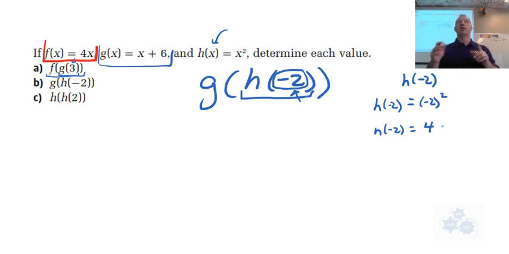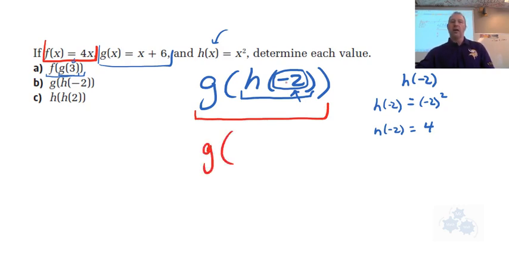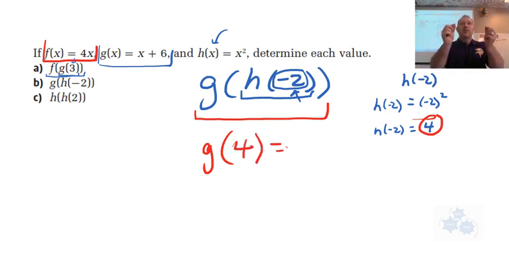Am I done? Not quite done yet. Now I need to find out what g of h of negative 2 is. Well, g of h of negative 2 is actually g of, what's h of negative 2? It's actually 4 here. You see that? So we start in the middle and then start to move outside. And we could have many, many layers. We just keep evaluating and moving out. So g of 4, here's the g function.